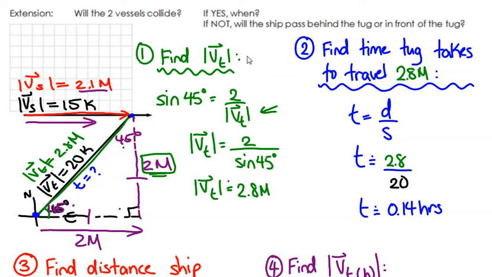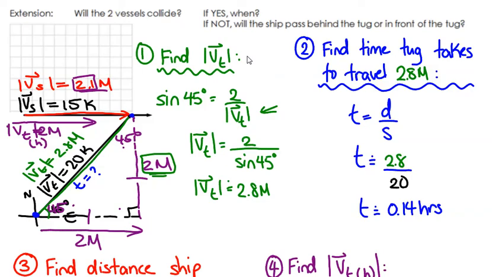In the same amount of time, 0.14 hours, the ship traveled 2.1 nautical miles and the tug 2 nautical miles. So I'm just going to say V tug, and can I say H for horizontal? I'm running out of space.